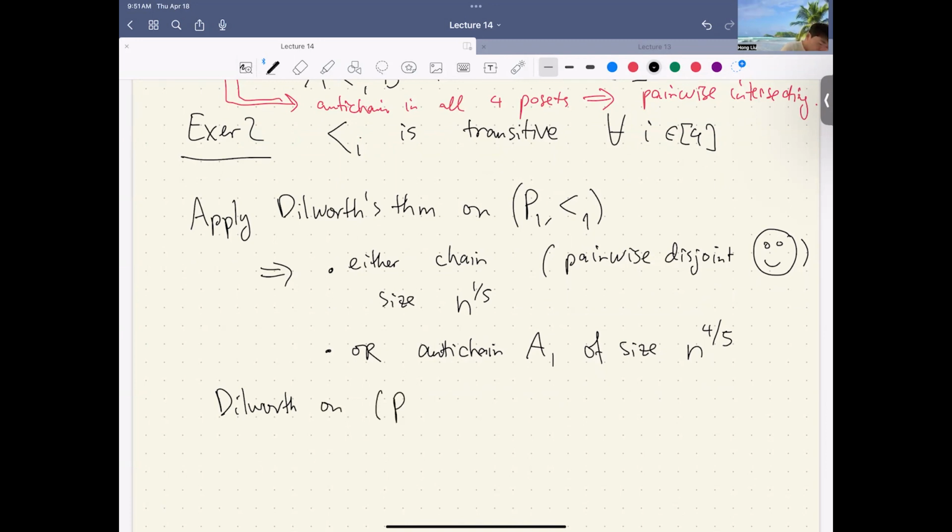But now on the second poset, on A1 with respect to the second poset, right?